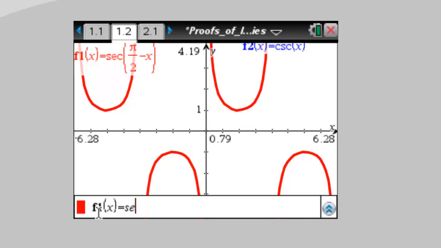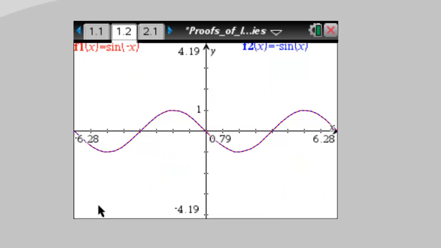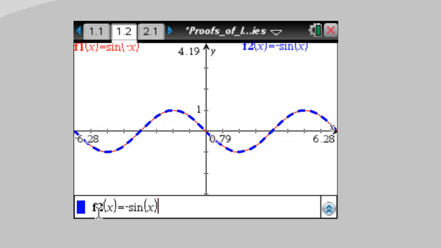So again, why does this work? If I graph the sine of the opposite of x, and I graph the opposite of sine of x, we end up again with the same graph.